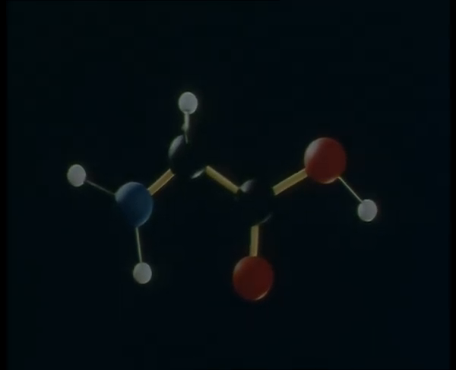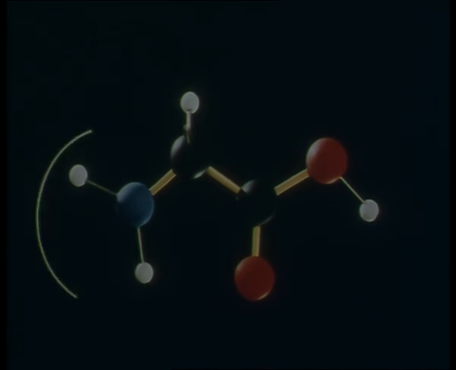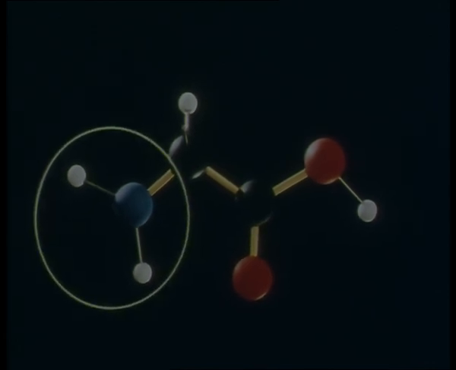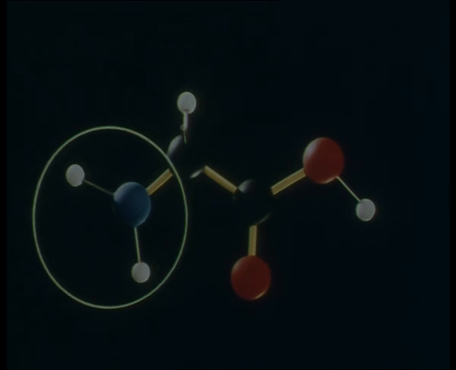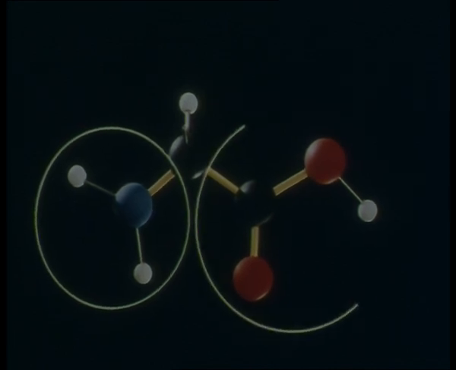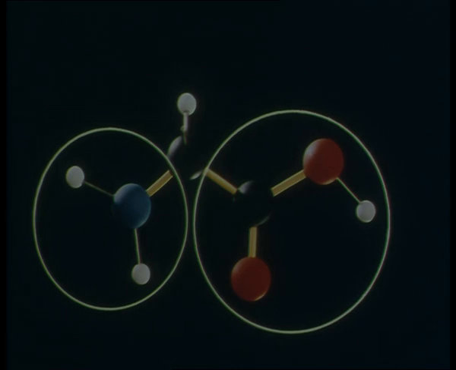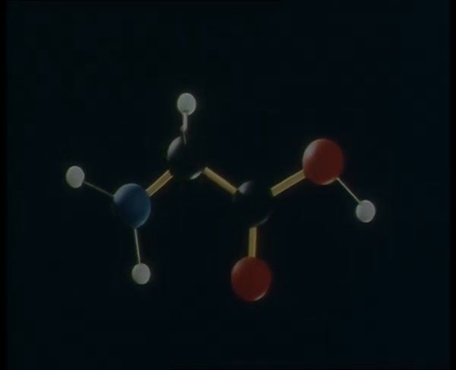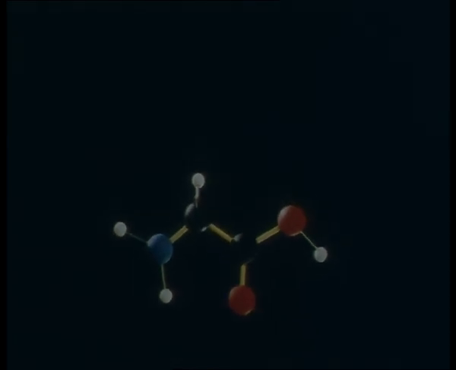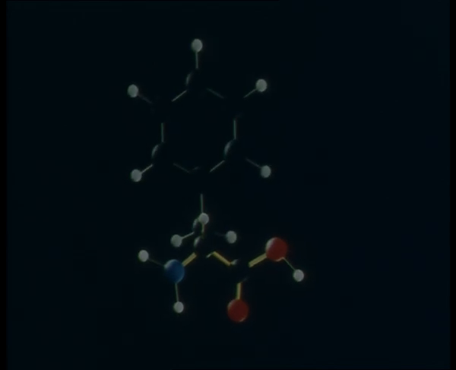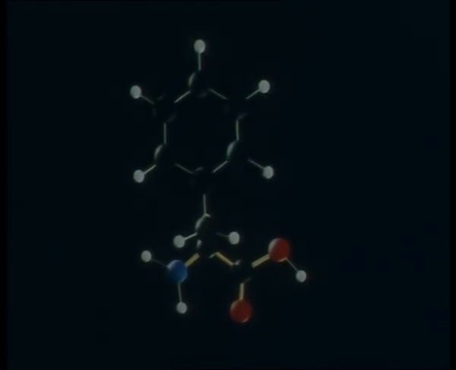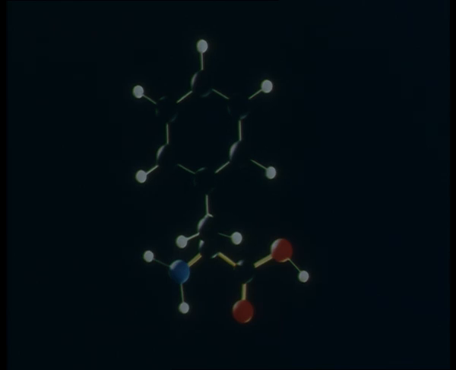This backbone has two functional groups, the amino group and the carboxyl group. The backbone is always the same. It is the side chain which varies and gives the amino acid its individual character.